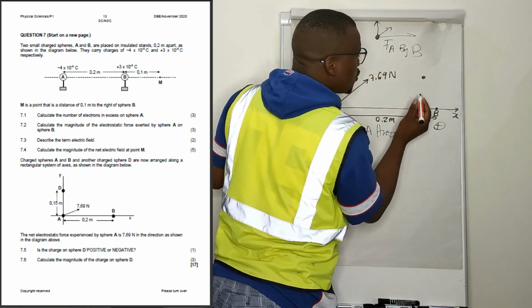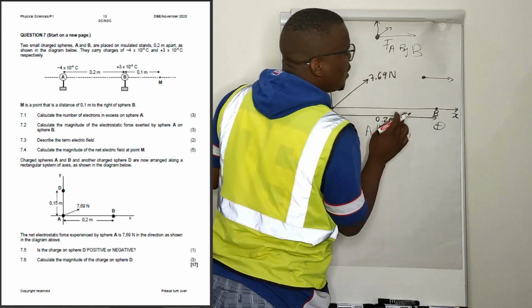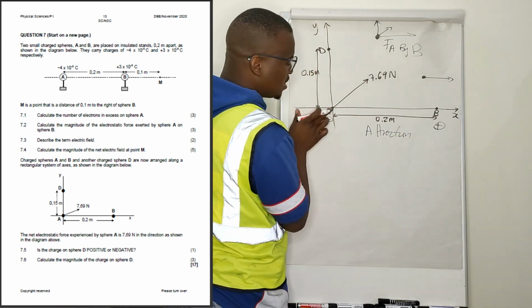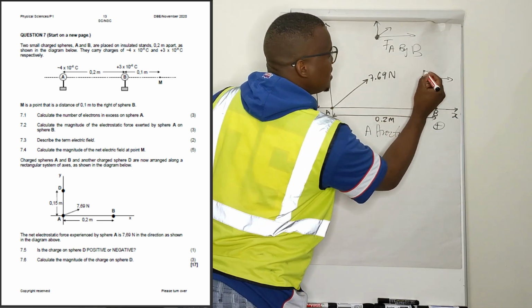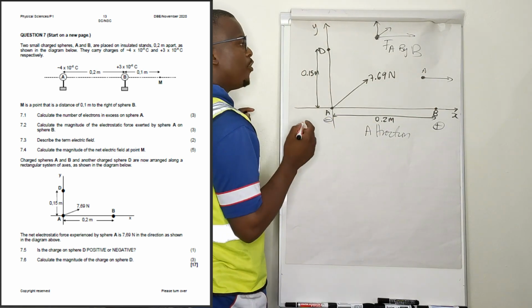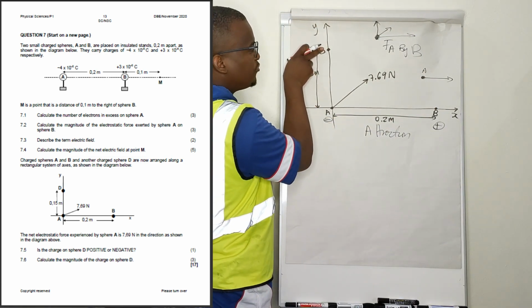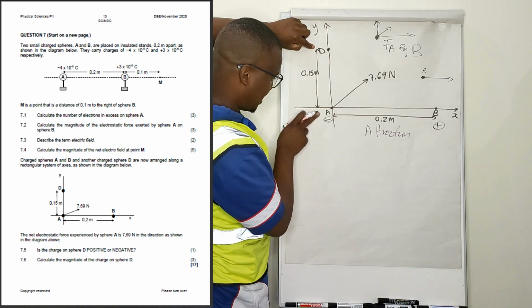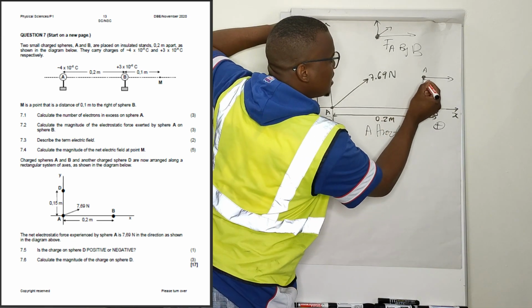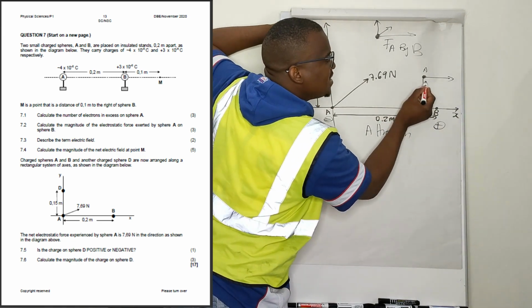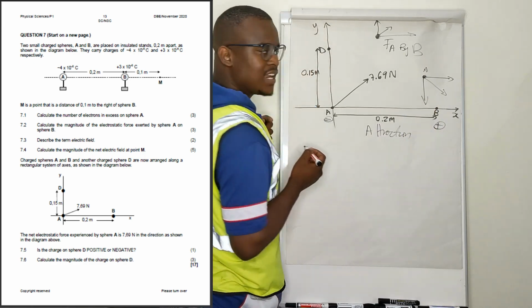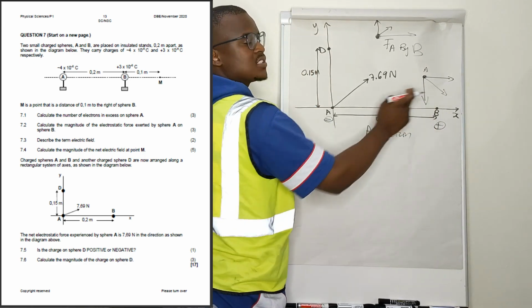This is A here. A will still experience the attraction force in that direction. The second force, if D was negative like A, will be a repulsion from D, so that repulsive force will be down here. And the resultant force, or the net force, will be in that direction.